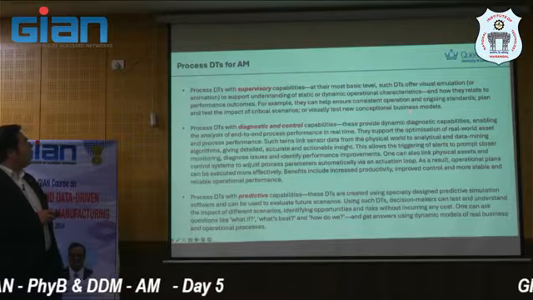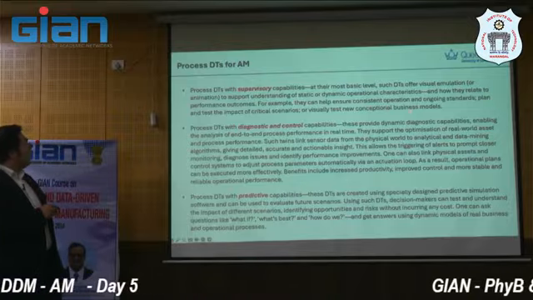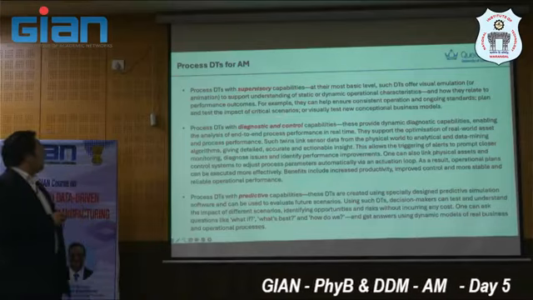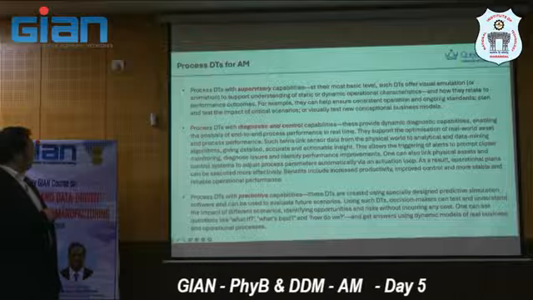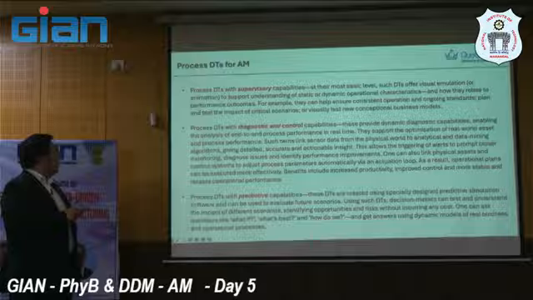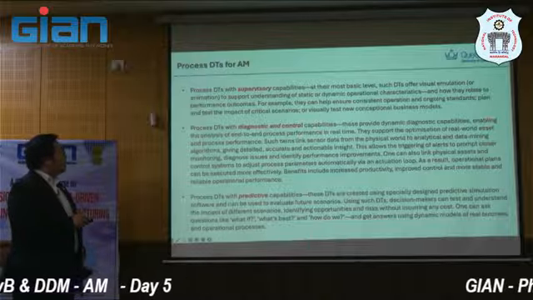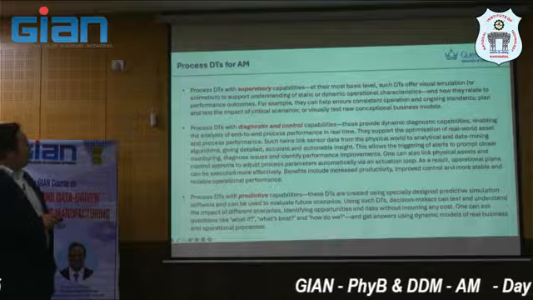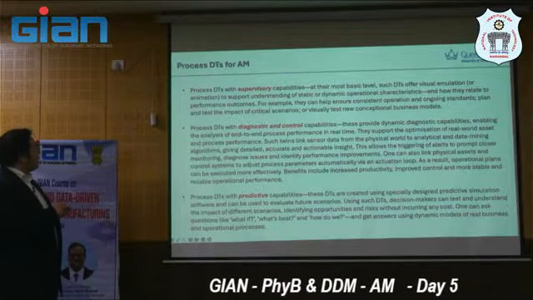For example, you can use this to plan and test the impact of critical scenarios or conceptual business models. And the process digital twin with diagnostic and control capability is something closer to us now, with the support of optimization of real-world assets and process performance.